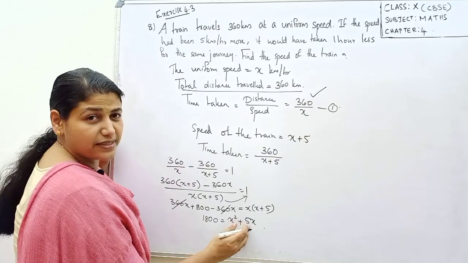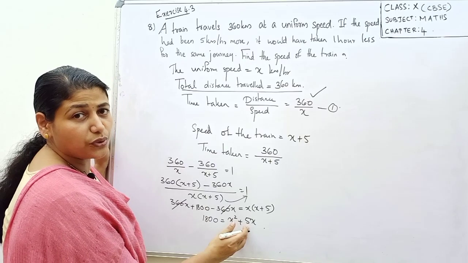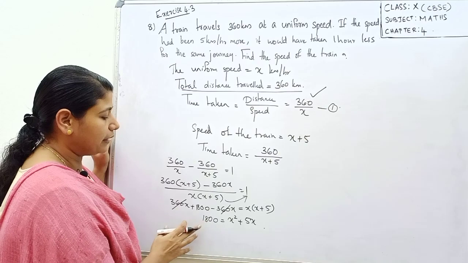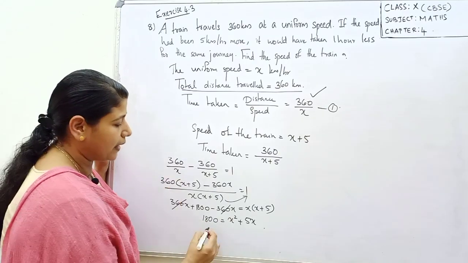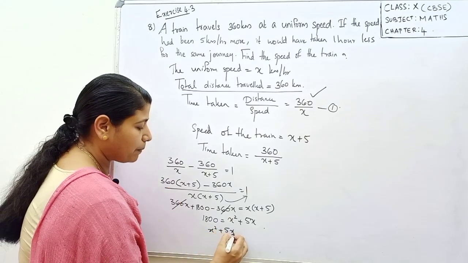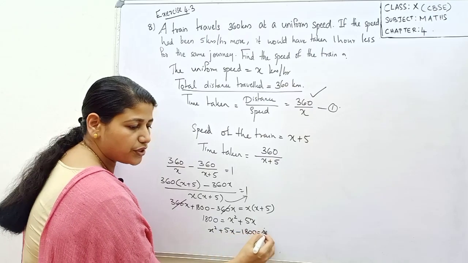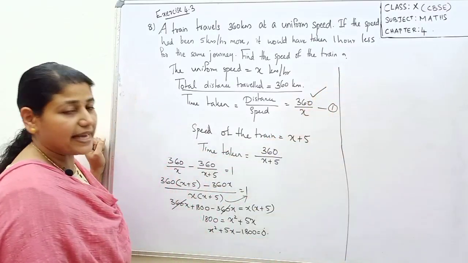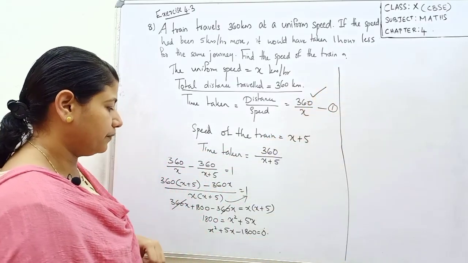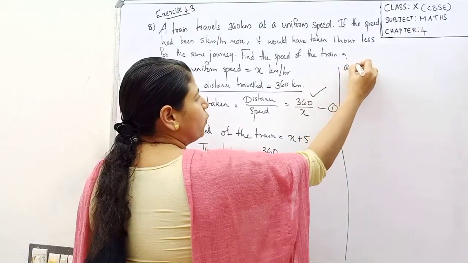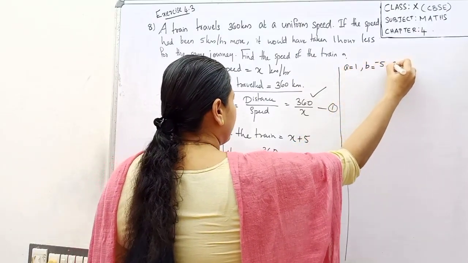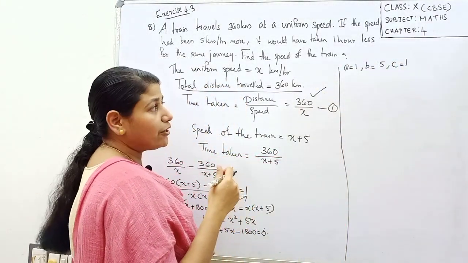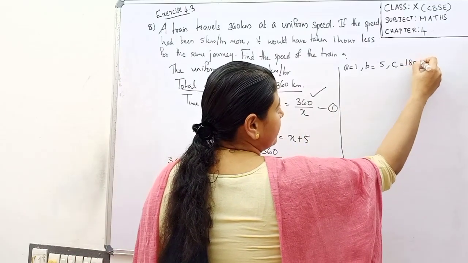Since 5 is an odd number, it is not easy to use the completing the square method. So I am using the quadratic formula here. For that I am taking this 1800 to that side. It will become x square plus 5x minus 1800 equal to 0. So we will take a, b and c and use the quadratic formula. a equal to 1, b equal to 5 and c equal to negative 1800.